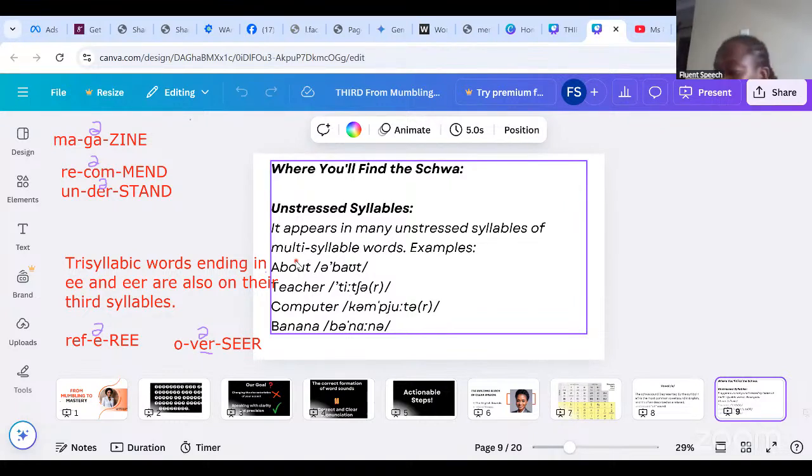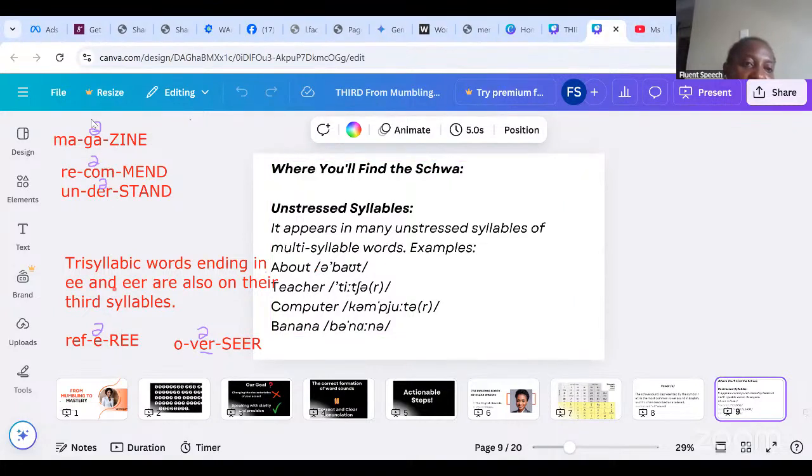So it could be a 4-syllabic word, 5, 6, 7, 8, as many as possible. So we have about, teacher, computer, bananas. These are a few examples, and then we have also learned other examples.